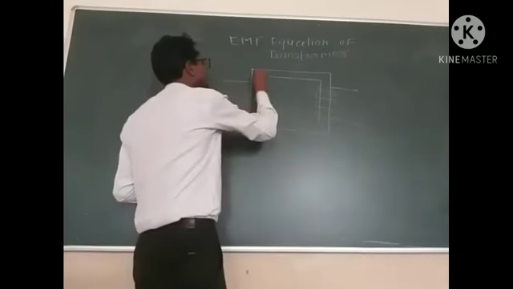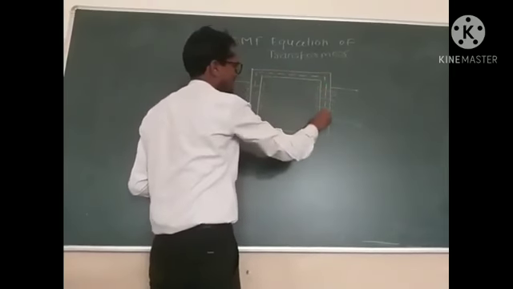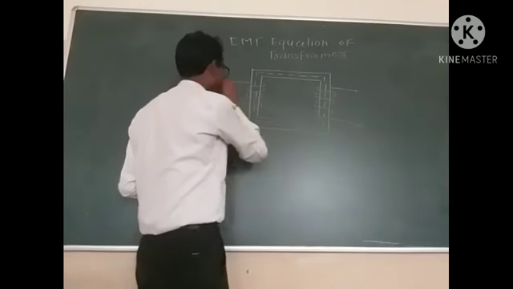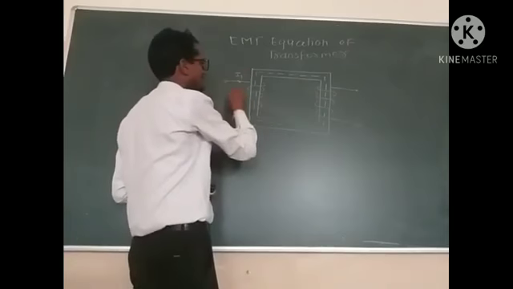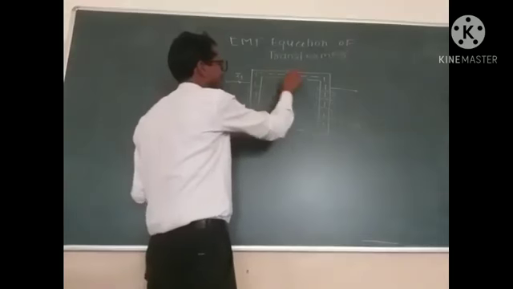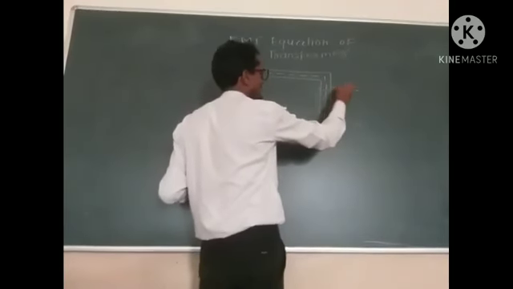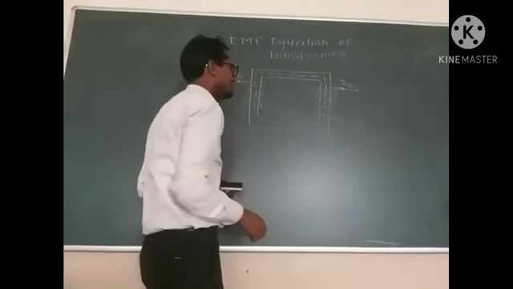So these are the magnetic fluxes that travel from the primary winding to the secondary winding. Here current I1 passes through the primary winding, which generates the magnetic flux that interacts with the secondary winding. After that, EMF is induced in the secondary winding.